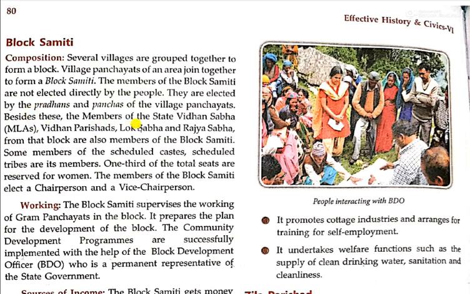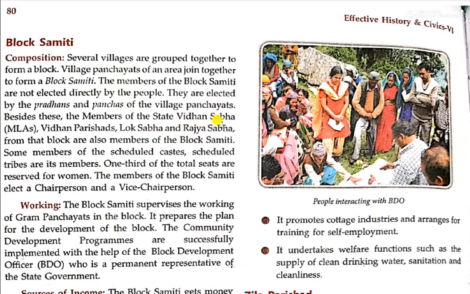Besides these, the members of the state Vidhan Sabha, MLAs, Vidhan Parishads, Lok Sabha and Rajya Sabha from that block are also members of the block samiti. Now the state Vidhan Sabha is a state legislative assembly, and the Vidhan Parishad is a state legislative council.